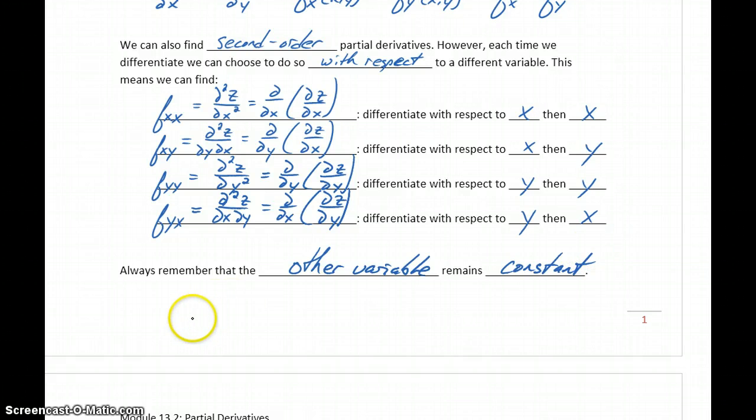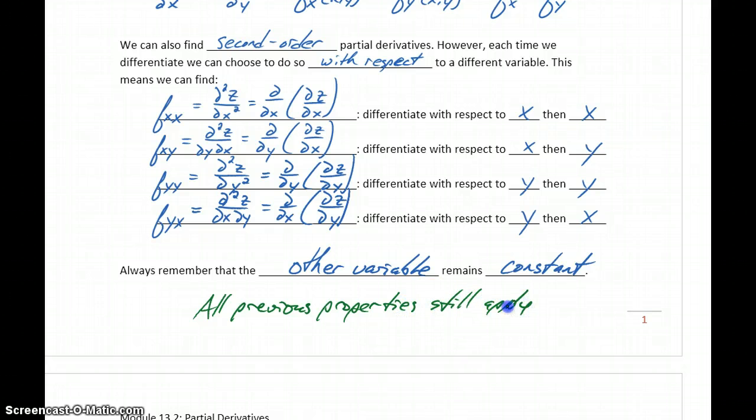And the other thing to keep in mind is that all previous properties we've established still apply. So we don't need to relearn any different rules or formulas for derivatives. We'll still be using the chain rule, the product rule, the derivative rules for our simple functions like power functions, exponentials, and logs. So all of those rules still apply. The only thing that's really changing now is which variable we're differentiating with respect to, and then making sure we keep that other variable constant.